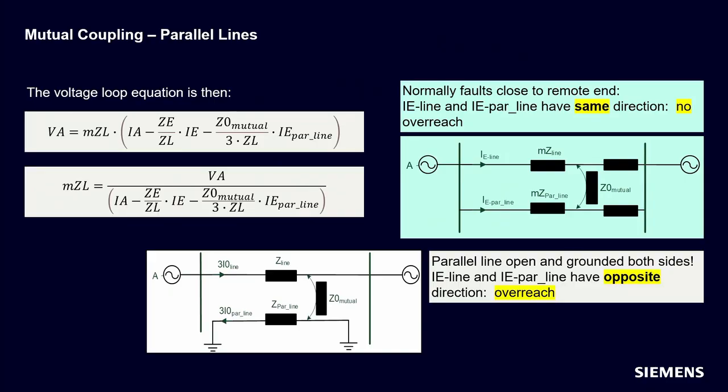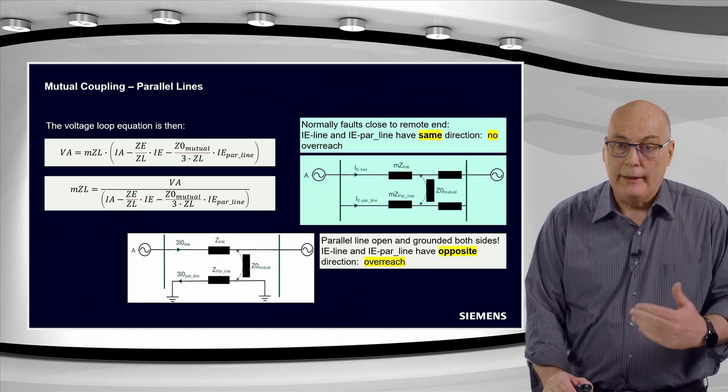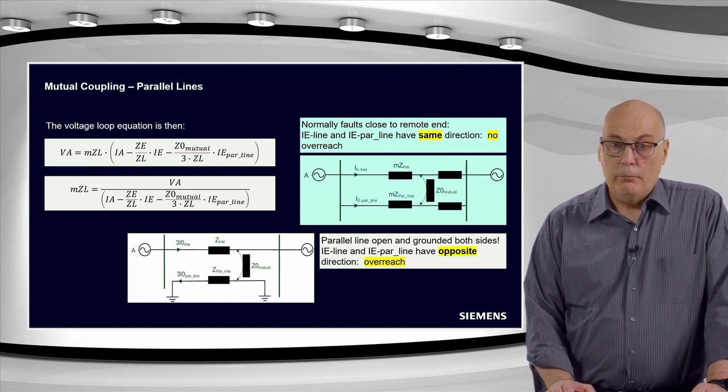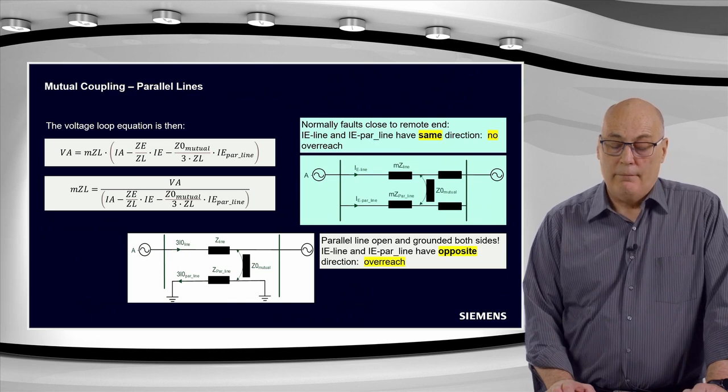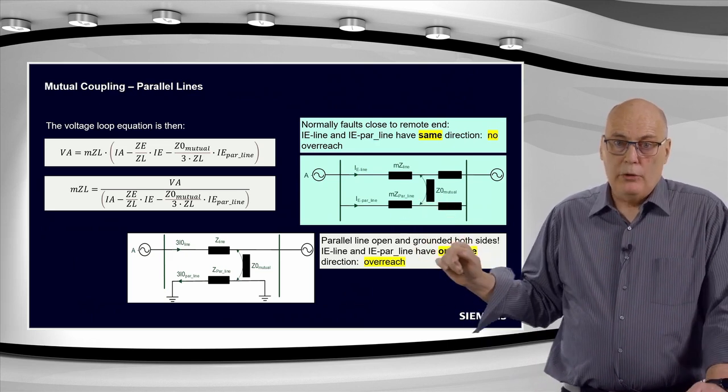But if you take a ground fault, the current is flowing out on phase A and coming back via ground. And the ground, you cannot just bundle and sum up like that. The ground will couple into the other system. That's why in the zero sequence or in the ground path, we have a significant coupling due to this parallel line factor. The diagram we see here is typically used for the explanation.